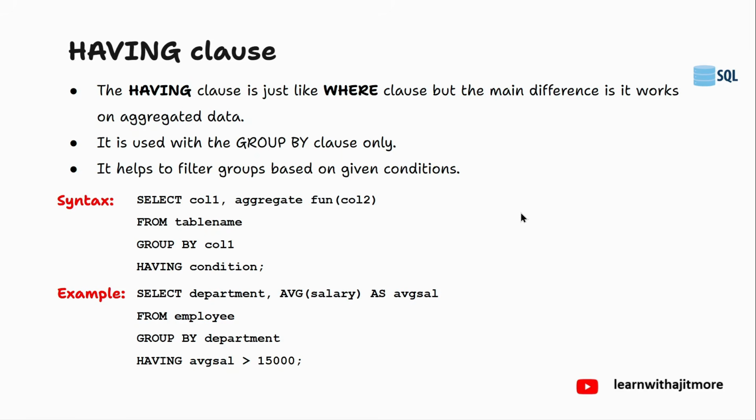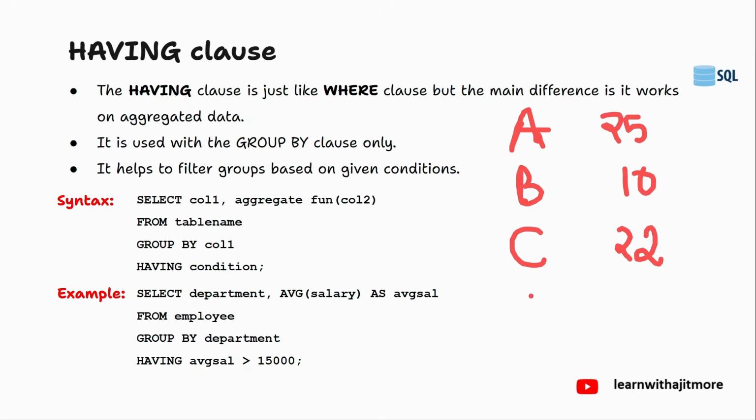Department A has average salary 25,000, B 10,000, C 22,000, D 13,000.